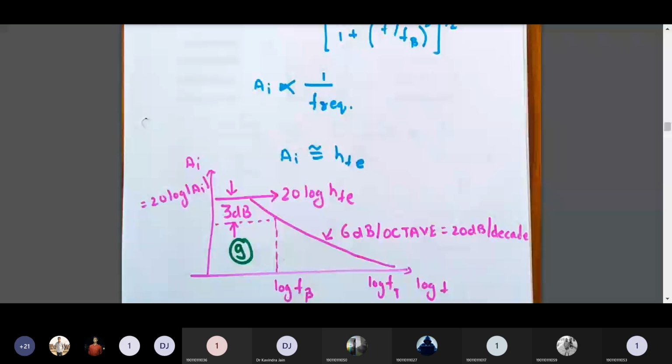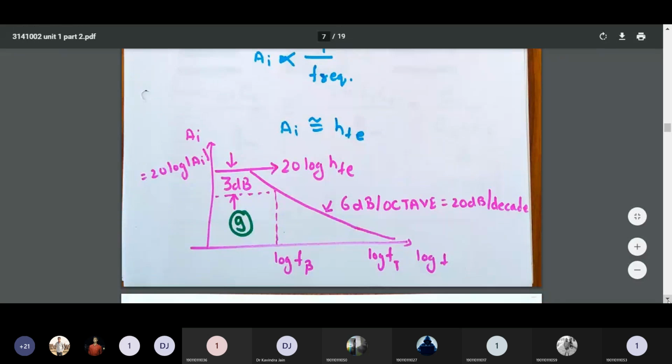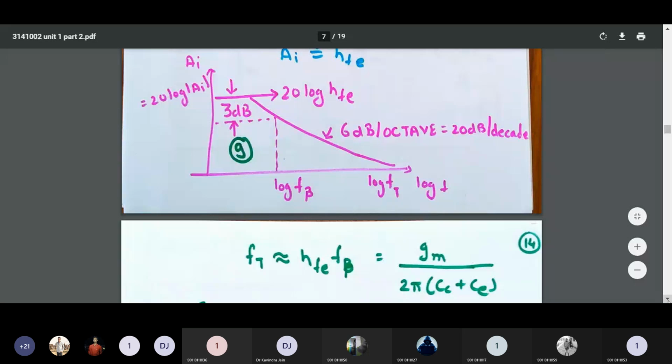As the value of hFE is greater than 1, fT would get affected, as a result of which fT would be approximately equal to hFE times f beta.